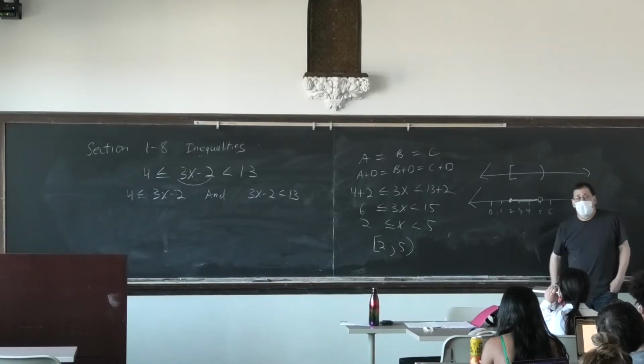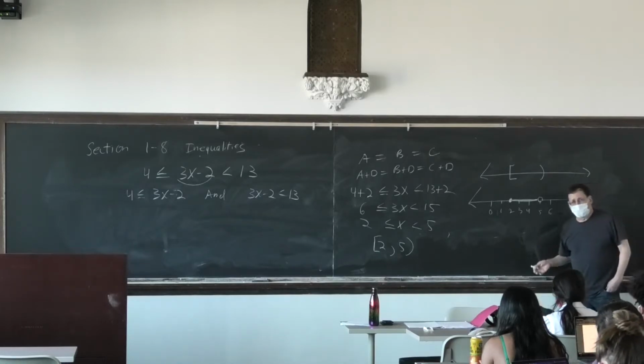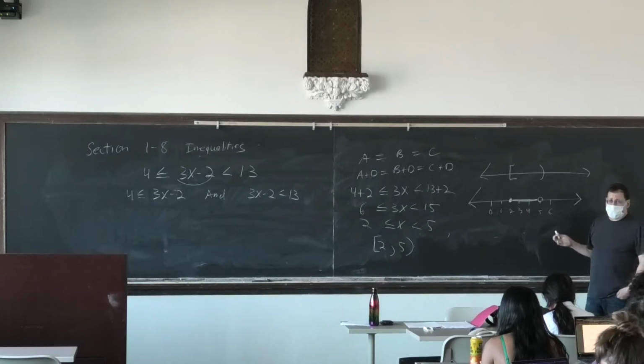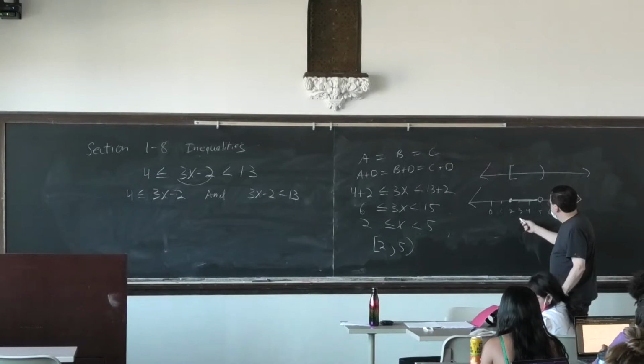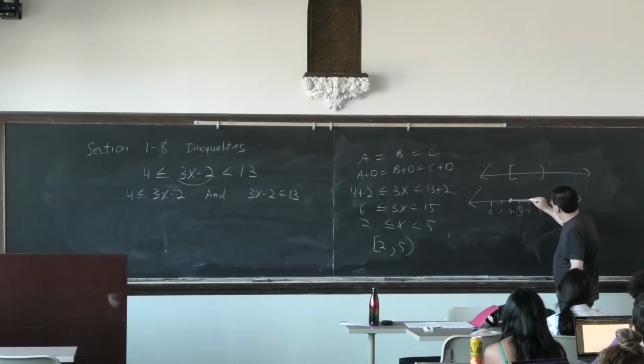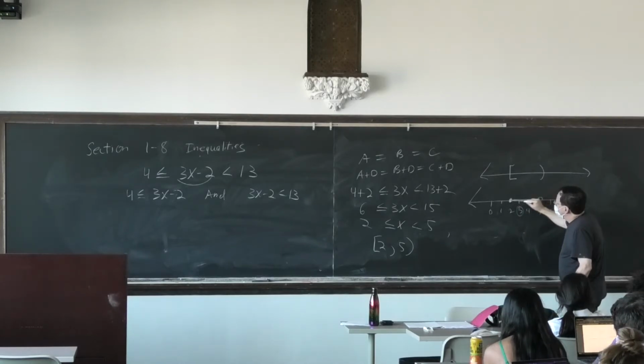Now again, when you're doing a problem like this, it's always a good idea to do a check. So let's pick some number here. Let's pick 3. It's obviously in the solution set.